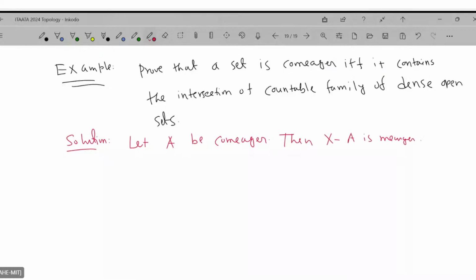The next, X minus A. So X minus A will be a union of Bn, where each Bn is nowhere dense.